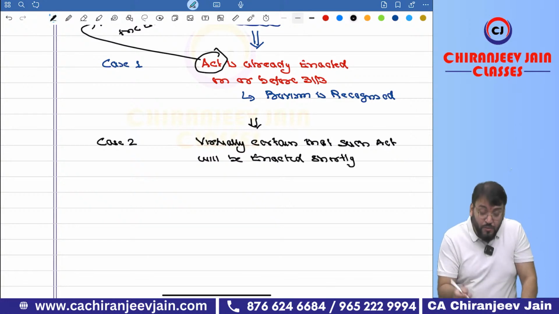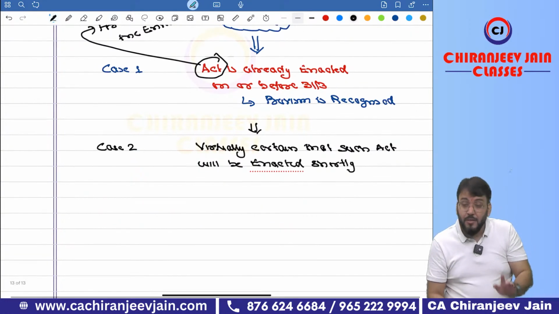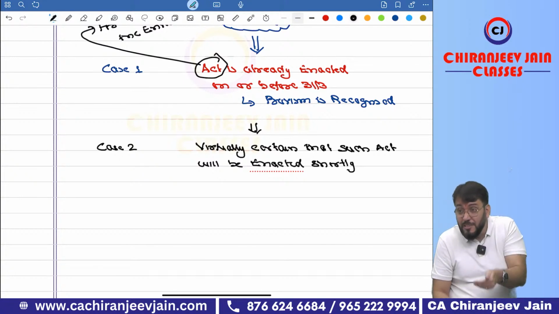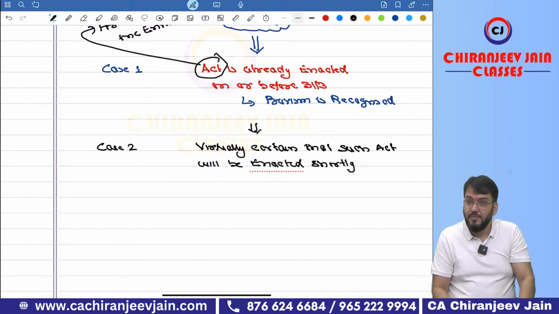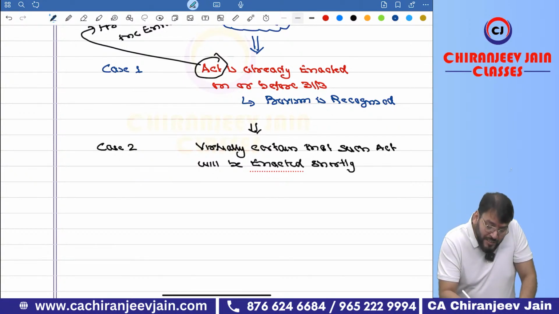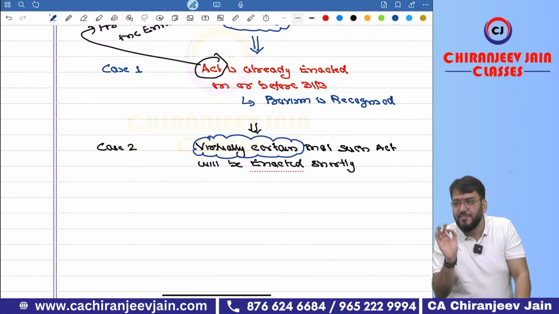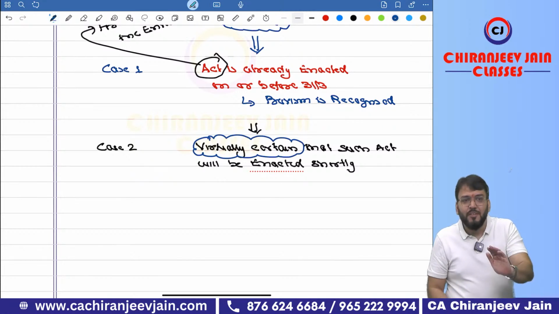It is virtually certain on 31st March, and it will be enacted shortly, meaning after 31st March. So how can we understand it is virtually certain? Just try to understand. I'll give you one fact, and you will say whether it is virtually certain or not.